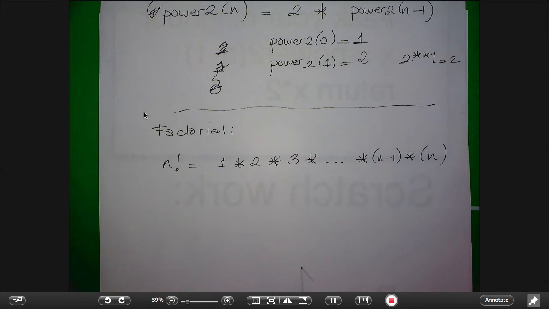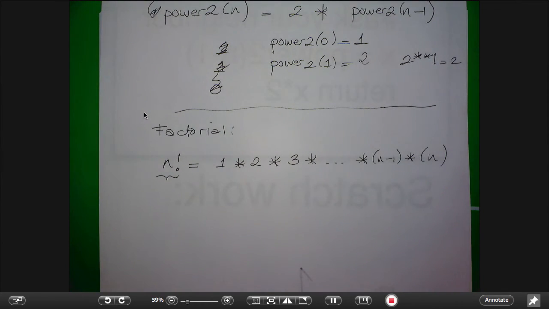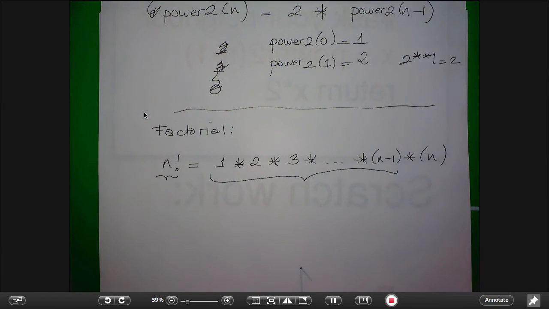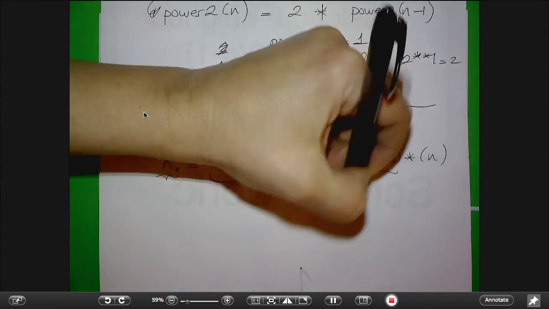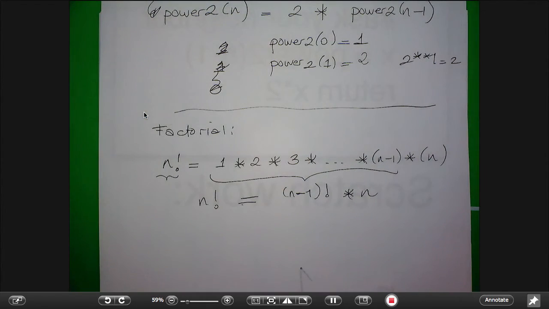Okay, so well, you can look at this and you can say that this is n factorial. What is this one? This is n minus 1 factorial. So I can define n factorial as n minus 1 factorial times n.